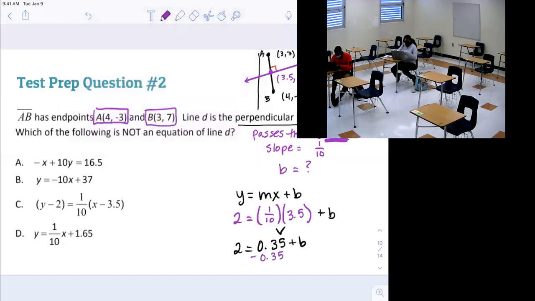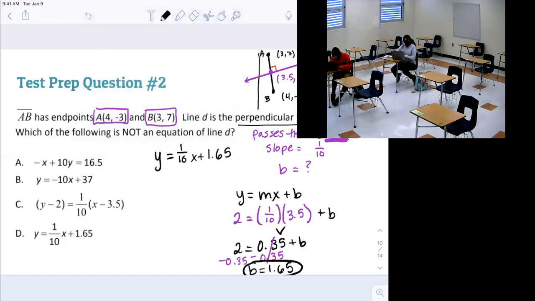So what's 2 minus 0.35? 1.65. Good. So after all that, we finally can write our equation. y equals 1/10 x plus 1.65. I knew it. I put A was wrong in the chat.